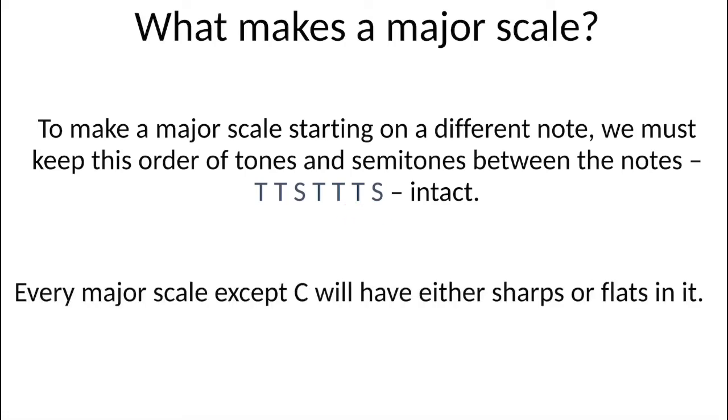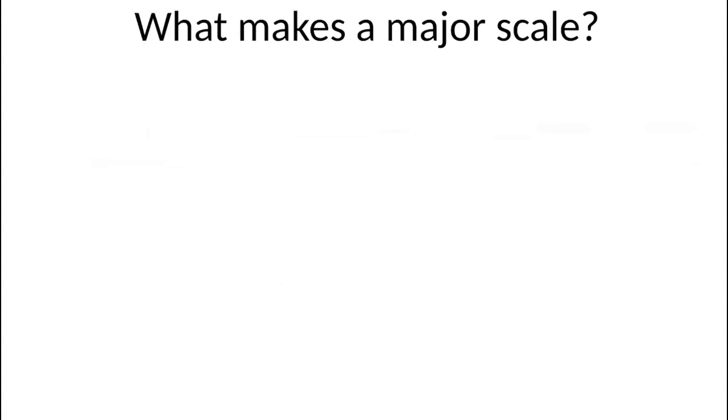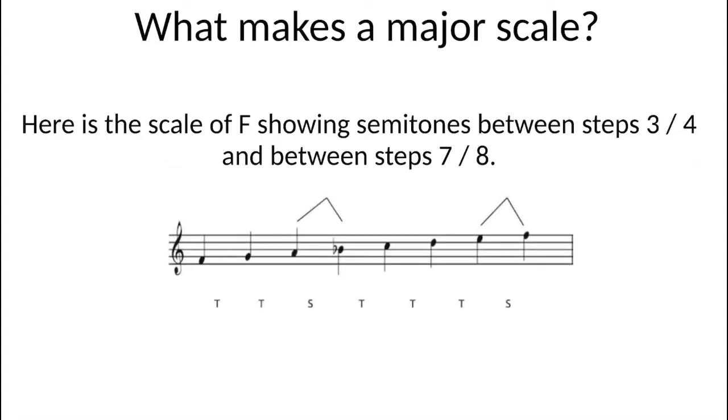Every major scale except C will have either sharps or flats in it. Here, for example, we see the scale of F, and it shows semitones between steps 3 and 4 here, and steps 7 and 8. All the other notes have tones.